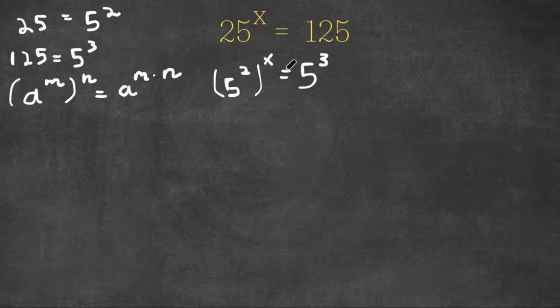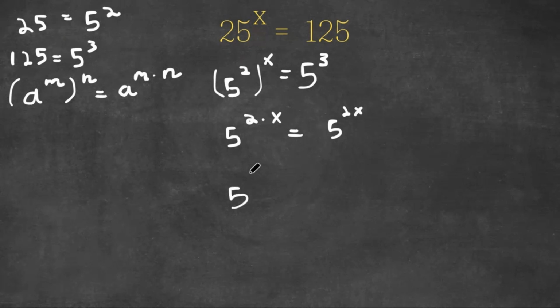So 5 to the power of 2 to the power of x, this is going to equal 5 to the power of 2 times x, which is simply equal to 5 to the power of 2x. So now we have 5 to the power of 2x is equal to 5 to the power of 3.